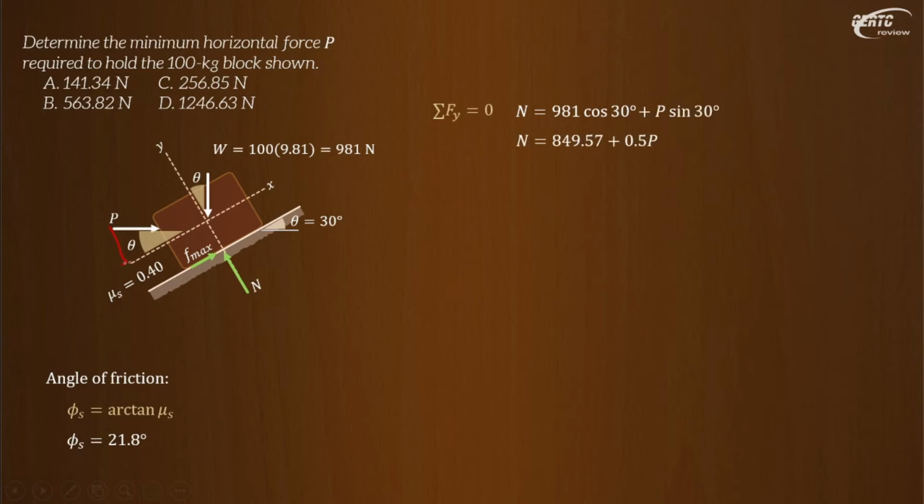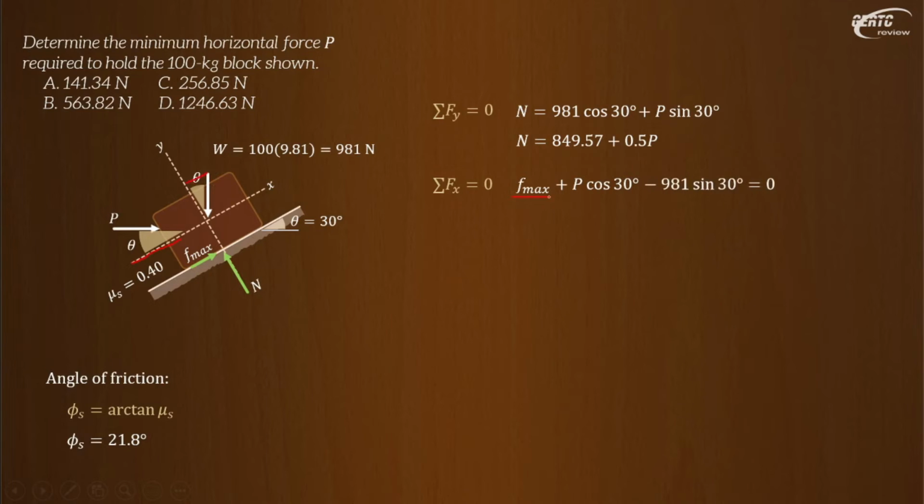Then, summation of forces along x equals 0, where x is parallel to the plane. Forces going up along x will be F max plus P cosine theta, minus weight sine of theta, equals 0.